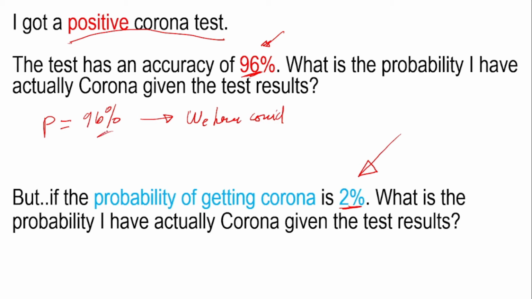Is it going to be the same result of 96% or is it going to be something different? Well, this is when the Bayes Theorem comes into play, and we are now going to model these examples to understand better how Bayes plays a role.